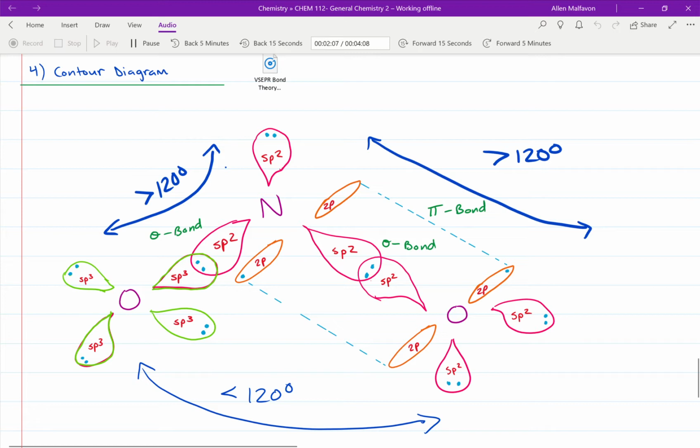So this oxygen atom has three lone pairs, which are found in the sp3 orbitals, which I have drawn in green. So we have 1, 2, 3 lone pairs of electrons, and we also have a shared pair of electrons in the sigma bond between the sp3 orbital of oxygen and the sp2 orbital of nitrogen.